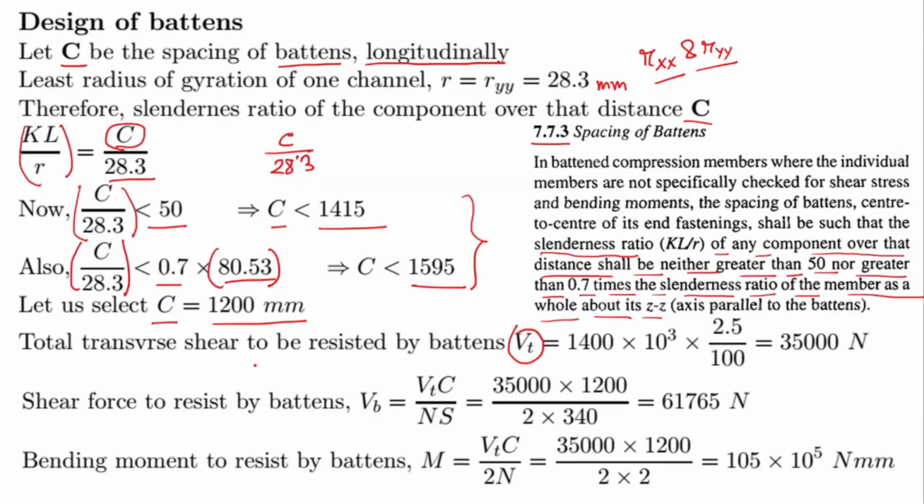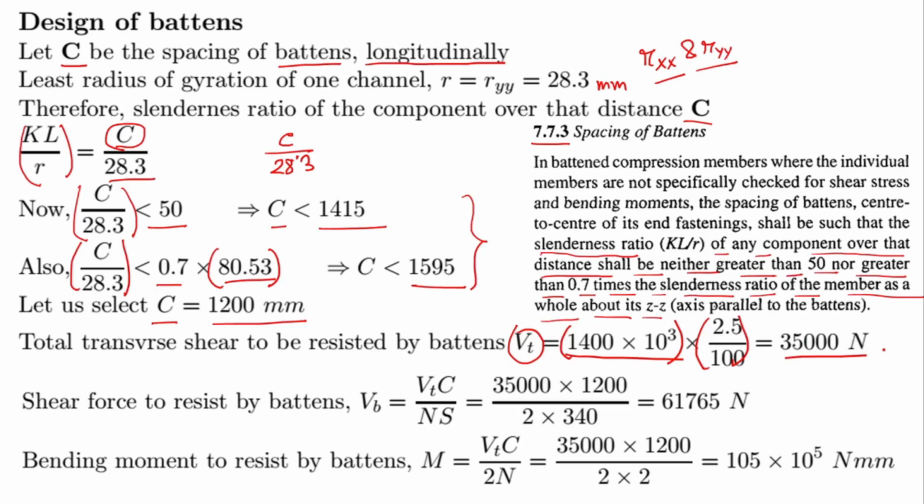Therefore, transverse shear to be resisted by batten will be 2.5% of total axial force, 1400 kilonewton. Here I have converted 1400 kilonewton into Newton. So Vt is calculated as 35,000 Newton.